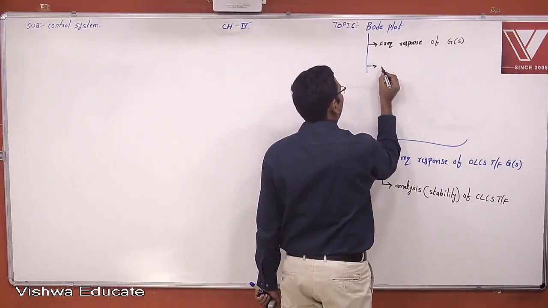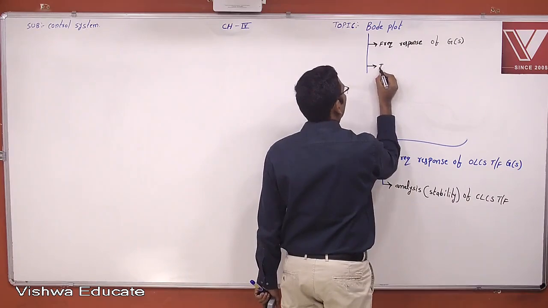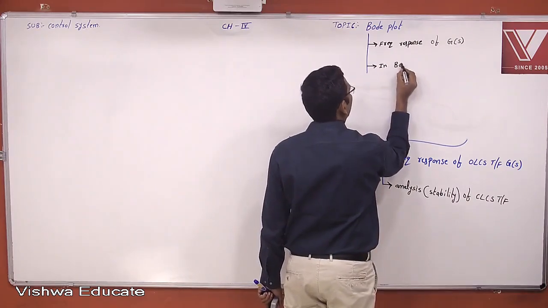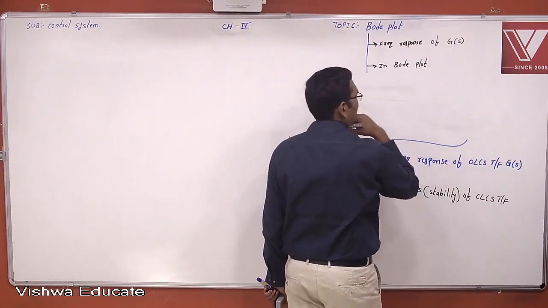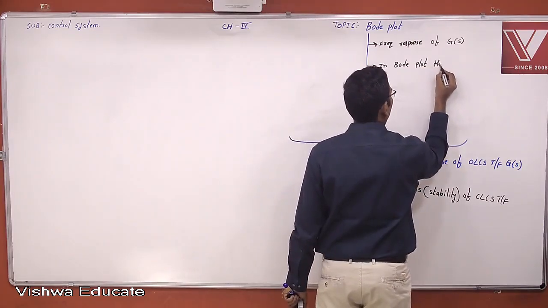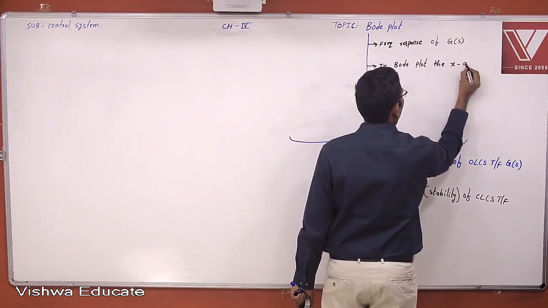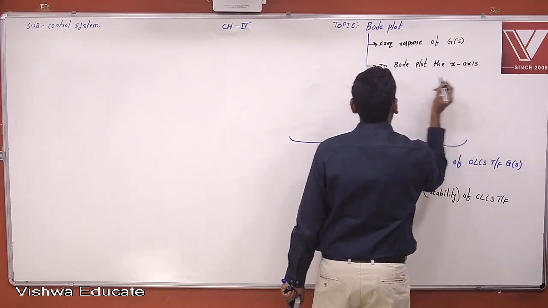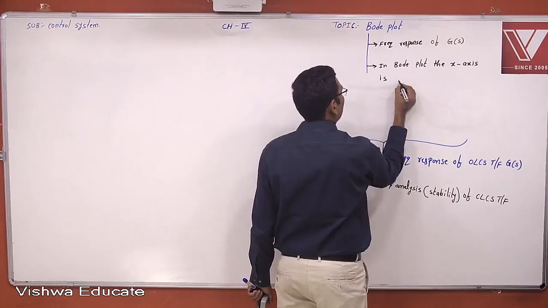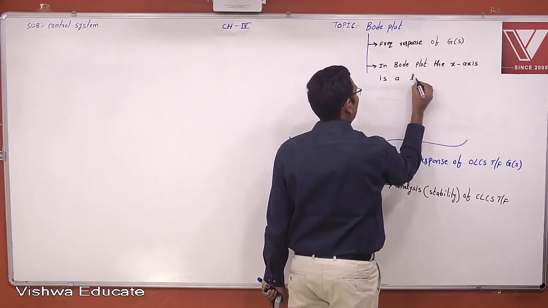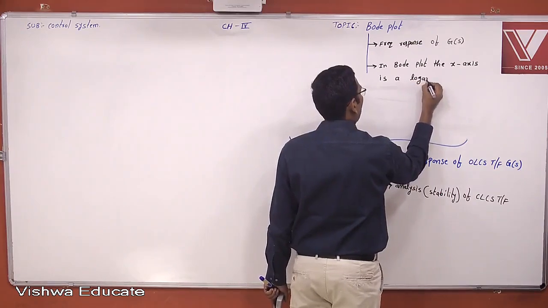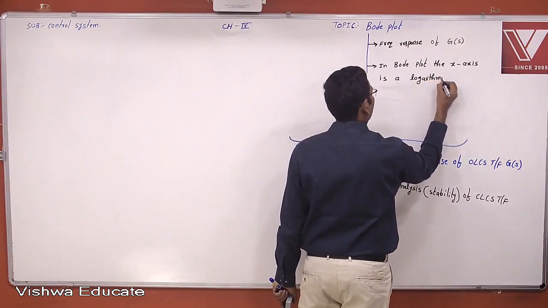And second point, in the Bode plot, the x-axis is logarithmic frequencies.